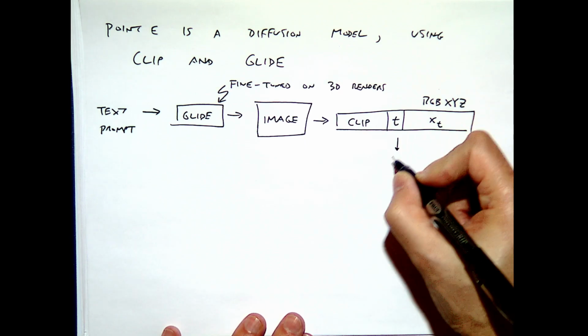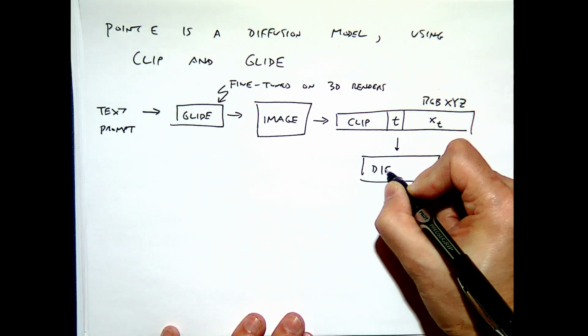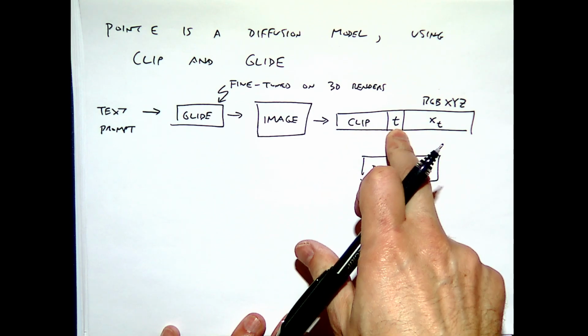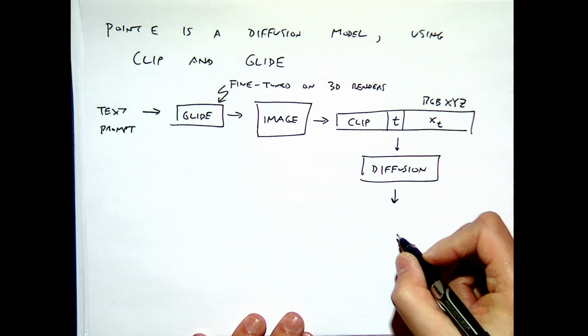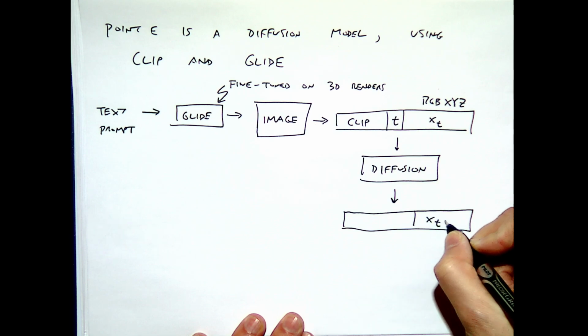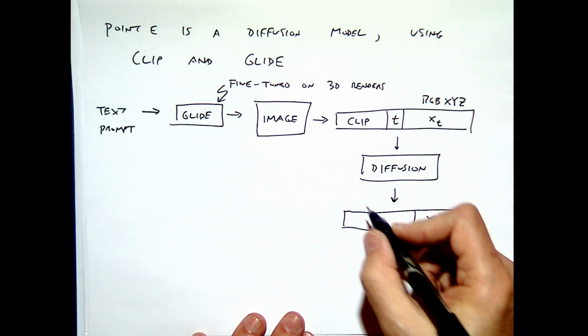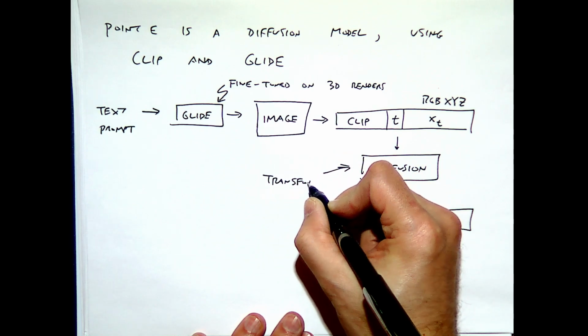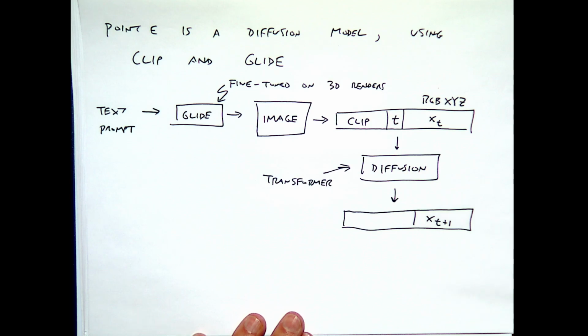And then I apply a diffusion model on the point cloud conditioned on the CLIP value and on the time step to produce, with these things staying the same, my updated set of RGB XYZ points. And again, this diffusion model is based on transformers, just like many things are. So I'm using a diffusion model on the point cloud conditioned on the CLIP embedding and the time step.